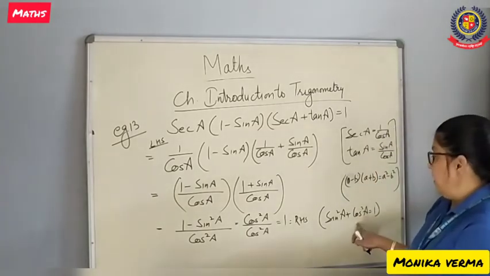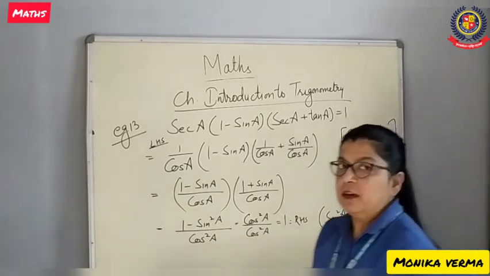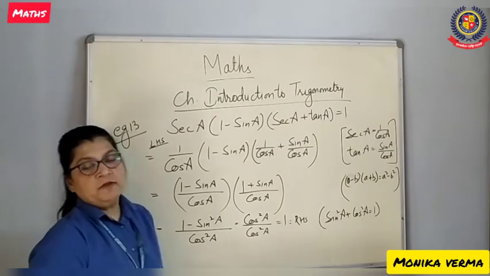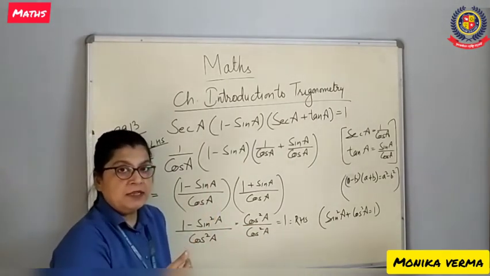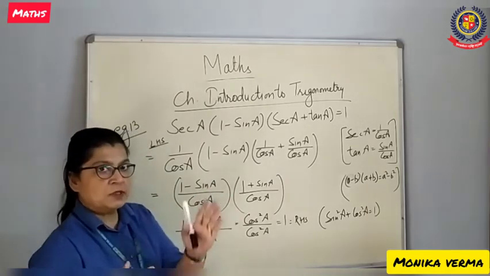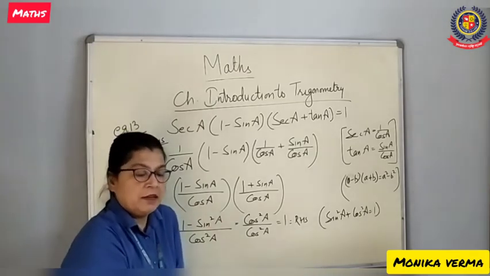Therefore, cos square A is equal to 1 minus sin square A. This is the method of proving them. We have to prove LHS is equal to RHS, one method. Second, we prove RHS is equal to LHS. And third method, we solve LHS to some extent, RHS to some extent, and both of them should be equal.